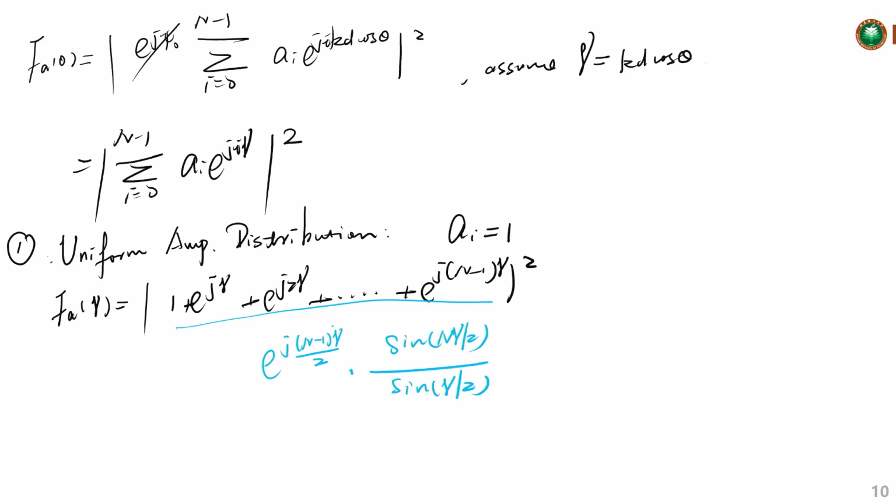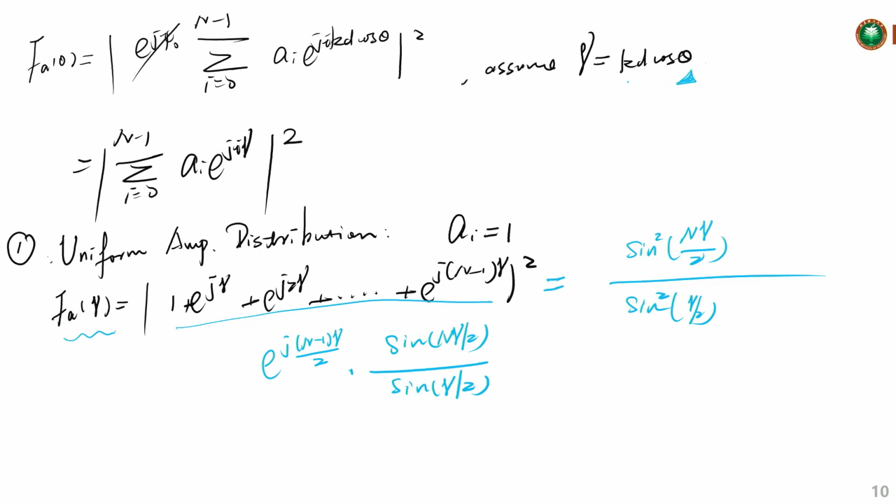So finally, this term equals the square of that. So it equals sin square of half n gamma divided by sin of gamma over 2, square, like this one. And we get the expressions for the uniform case here. So we can see the variation of this array factor with respect to the angle theta, right?